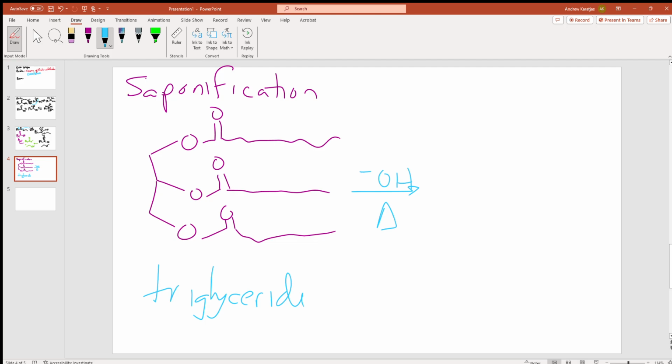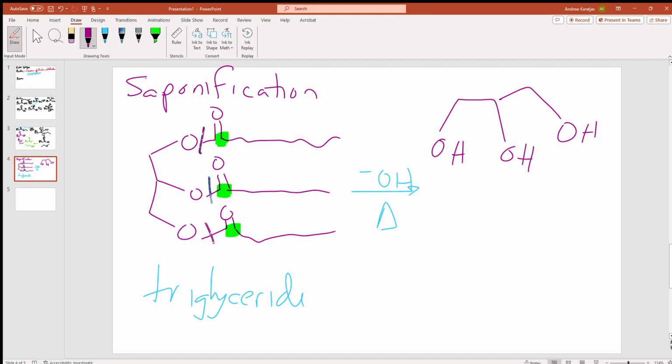You'll get hydroxide to add in 3 separate reactions to each of these carbonyls. And as a result, you'll cause each of those carbon-oxygen bonds to break, and you'll form this byproduct, glycerol, which has a number of uses. It can be used to make nitroglycerin.